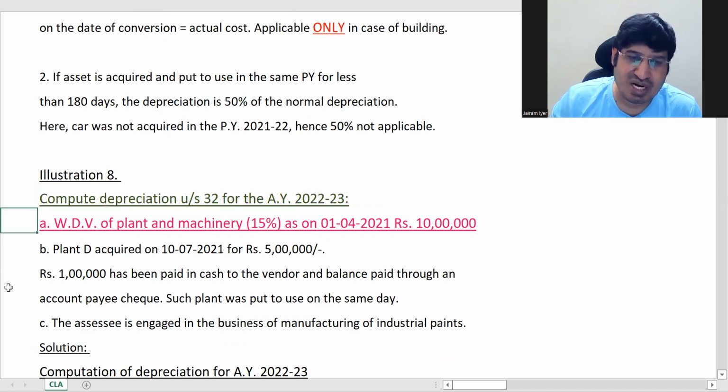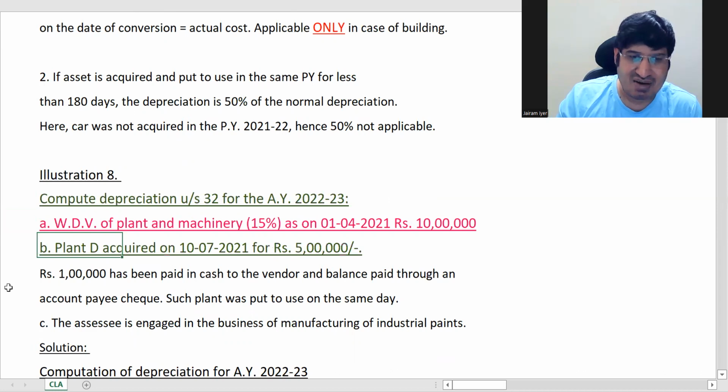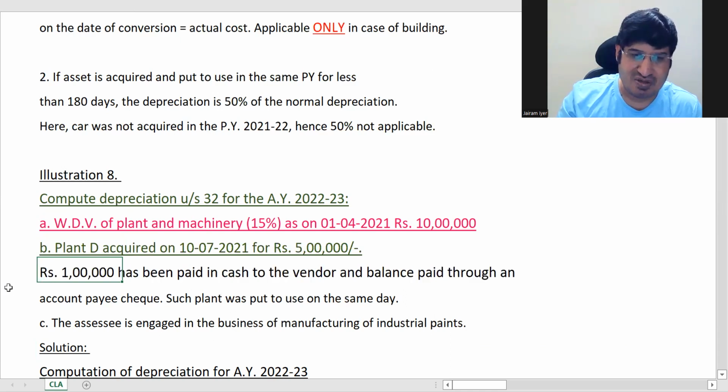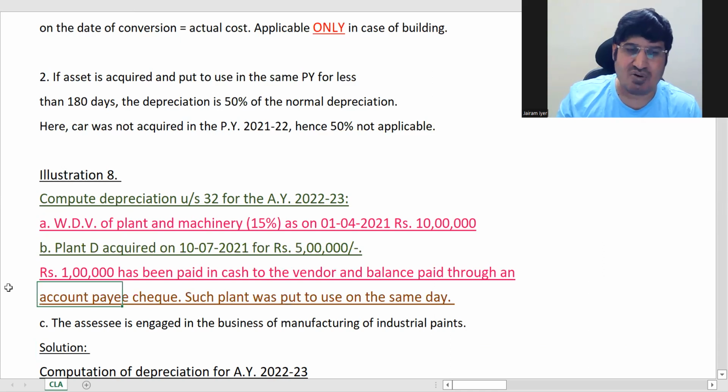WDV, written down value of plant and machinery, on 1/4/2021, beginning of the previous year, 10 lakhs. Plant D acquired on 10/7/2021 for 5 lakhs. Now 1 lakh has been paid in cash to the vendor and the balance paid through account payee cheque.